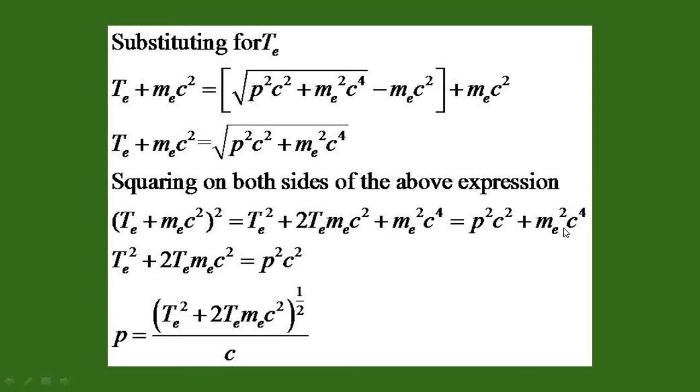These two terms can be cancelled and you get Te square plus 2Te me c square equal to p square c square. So from that you can have an expression for p as (Te square plus 2Te me c square) whole to the power of half, divided by c.